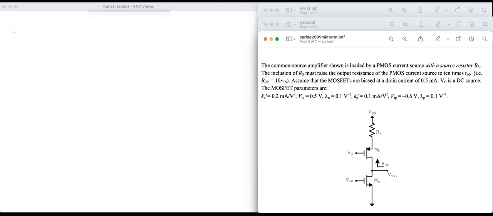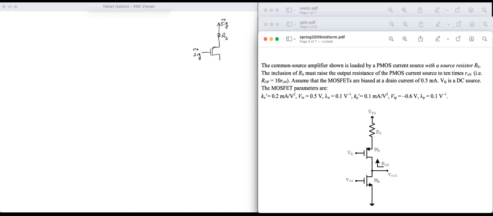And I'll copy the circuit here. I have the supply, which is no signal. The resistor RS, I need to find the value of this RS. A PMOS with its gate at some DC voltage, so no signal here, no signal here. This is the supply.